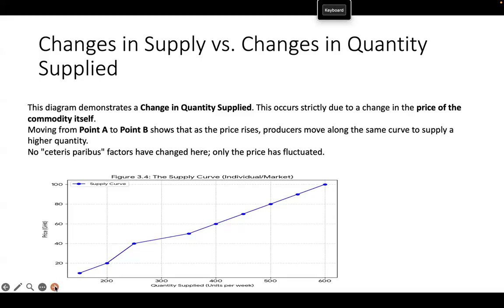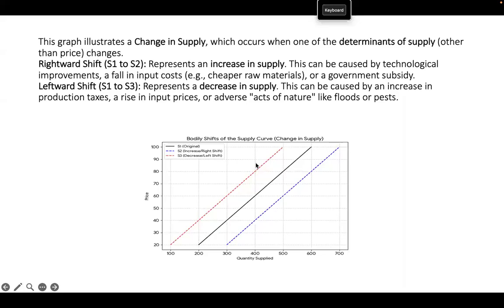But with the change in supply, that is the shift in supply, it occurs when the determinants of supply change. So when there's a rightward shift from S1, the initial supply curve, to S2, it means there's been an increase in supply.